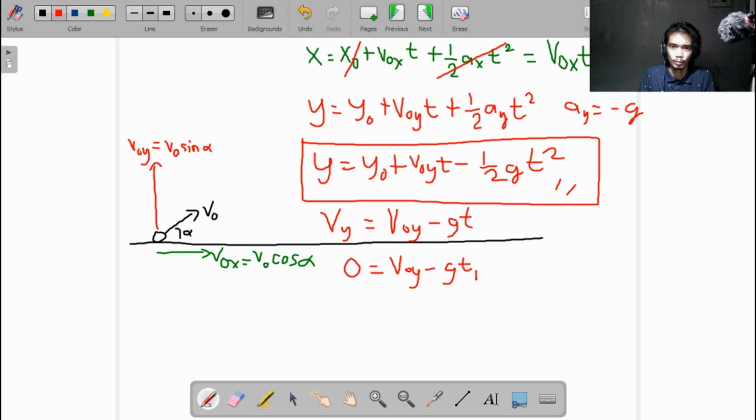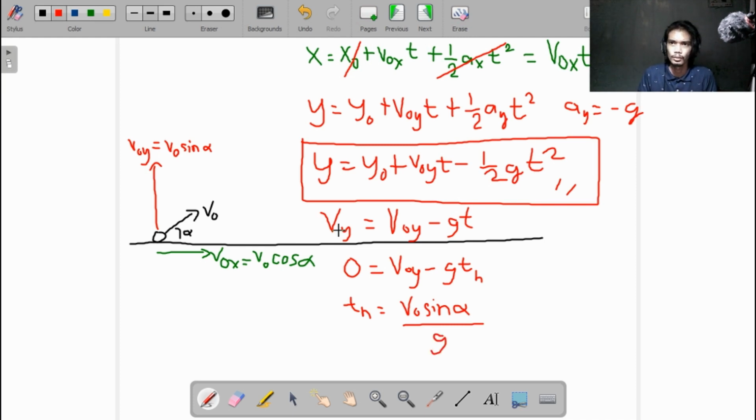Let's put an h to indicate that it is the time to reach its maximum height. So transposing this, we get that the time it takes to reach the maximum height is equal to v0y, which is v0 sine alpha, divided by g.